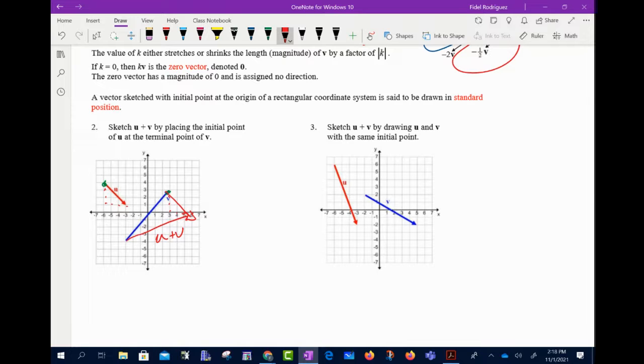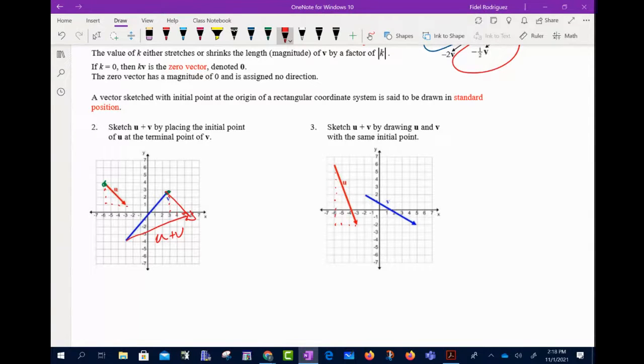All right. So now let's take a look at number 3. Number 3 says sketch u plus v by drawing u and v with the same initial point. Okay, so I'm going to do the same thing here, y'all. I'm going to figure out what my triangle for my vector u is going to look like. I'm going to figure out how many spaces I need to move. 1, 2, 3, 4, 5, 6, 7, 8, and then 1, 2, 3.